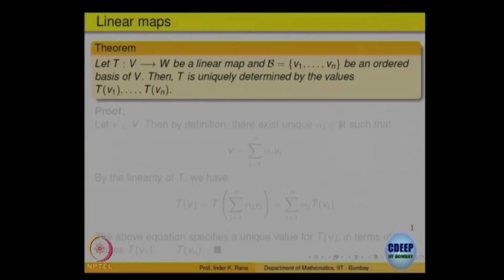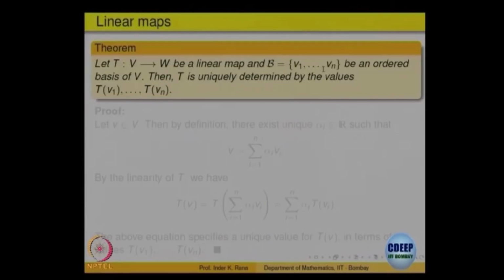Now, here is an important theorem which says: if T is a linear transformation from V to W, let us fix a basis of the domain, that is V. So, v1, v2, ..., vn is a basis, and not only is it a basis, we have fixed the order of the vectors as well. v1 will remain as the first one always, we will not shift the position of v1 to v2 or anything.